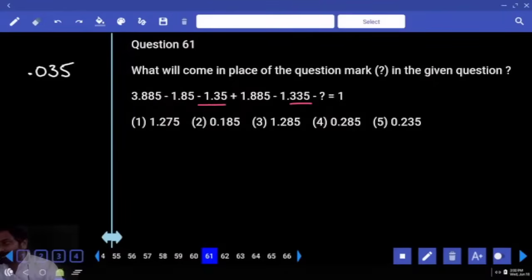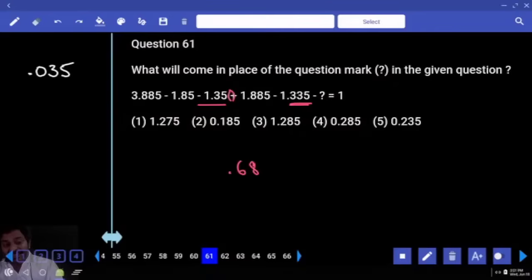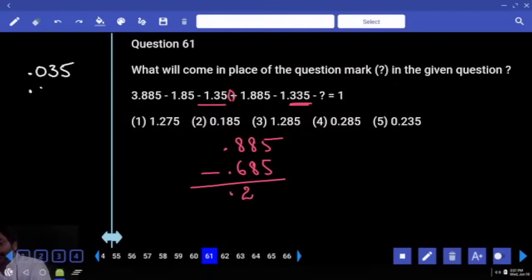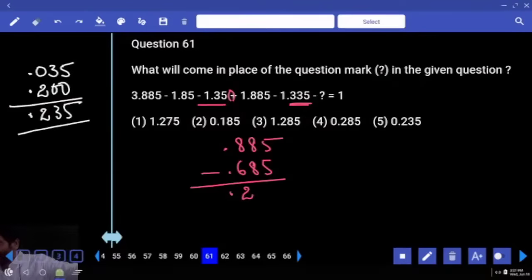This is also a negative number. 0.350, 0.335, 0.685 negative number. There is a positive number 885. This ends with 0.2. 0.200. Answer ends with 0.235. Fifth option.